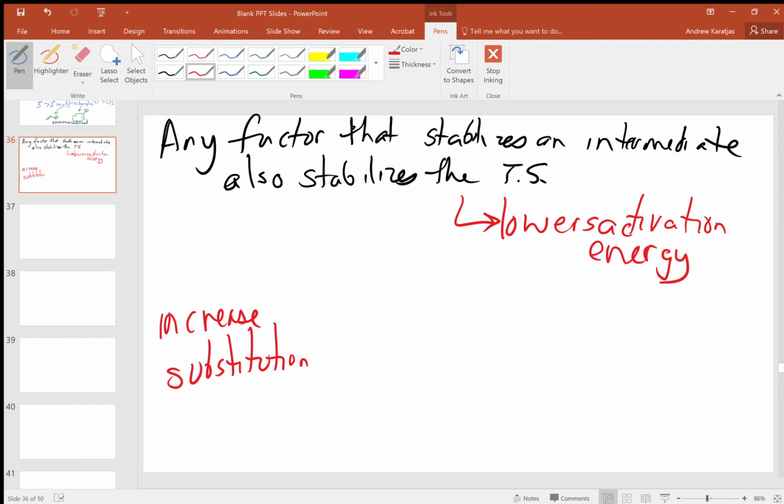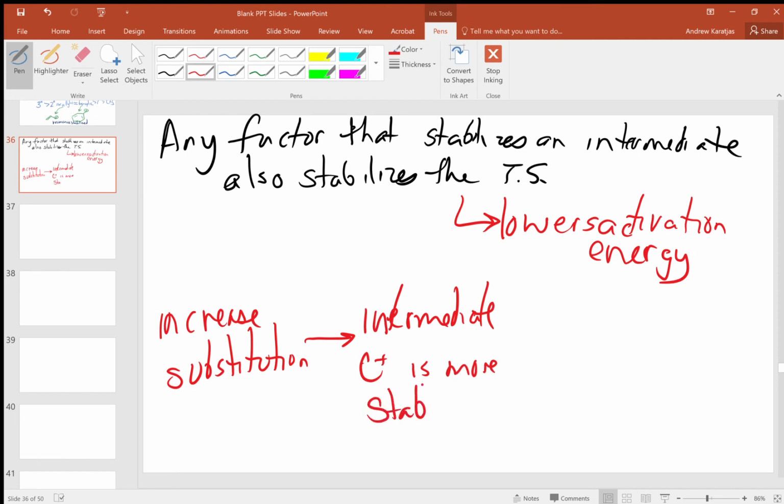We increase the substitution, the intermediate becomes more stable. If the intermediate is more stable, then the transition state is more stable, and we lower the activation energy.